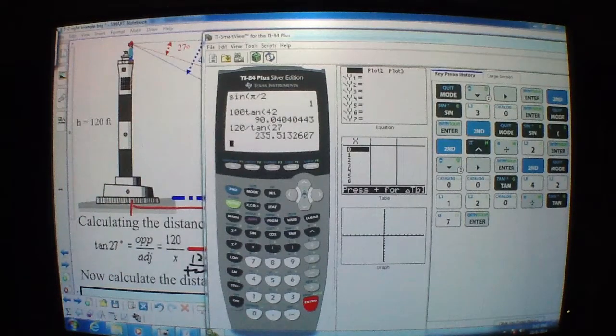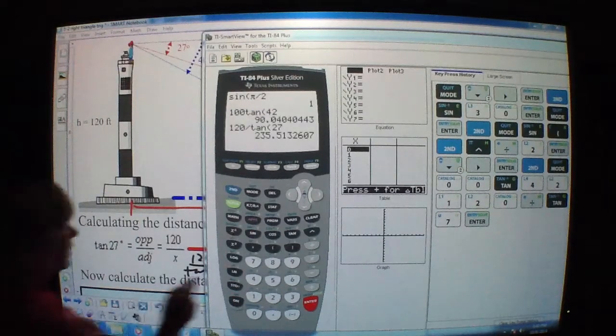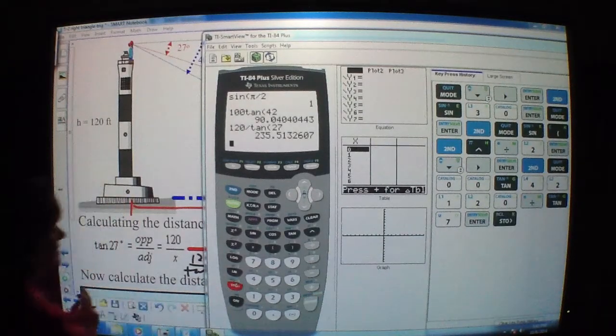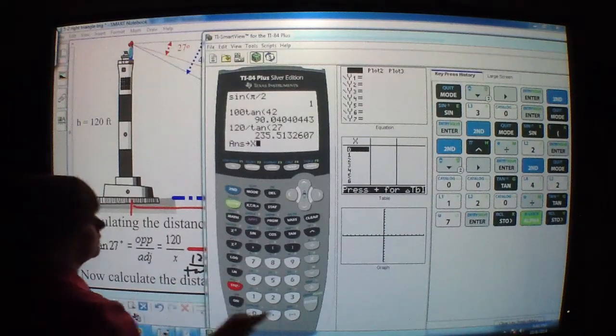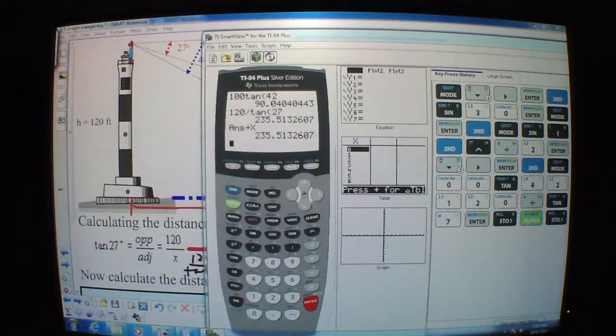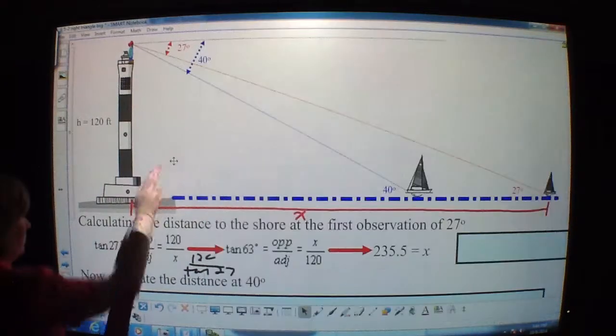And there I have 235.51. I'm going to store that somewhere. And here's what I can do. I can store it as x. And since I called it x, I'm going to store it in x. So that's an x there. So it's there for later.